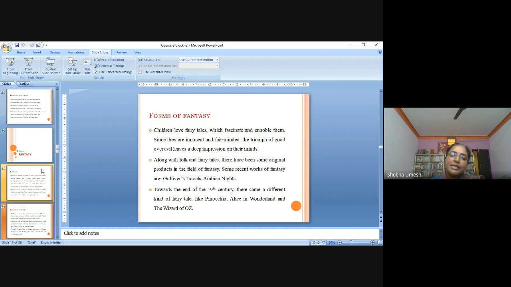There are different forms of fantasy stories which have been written by the great writers of the world, and every country has its own stories associated with fantasy.